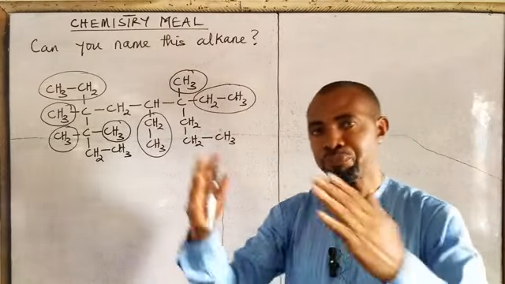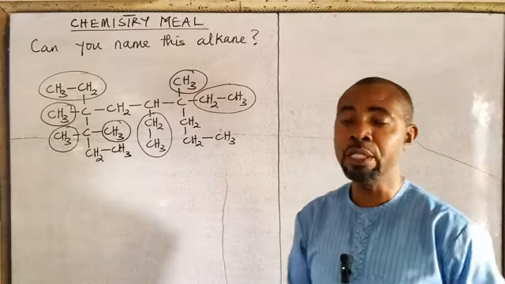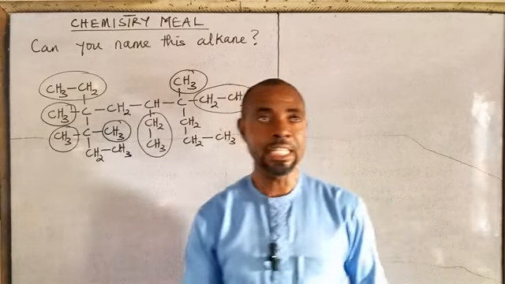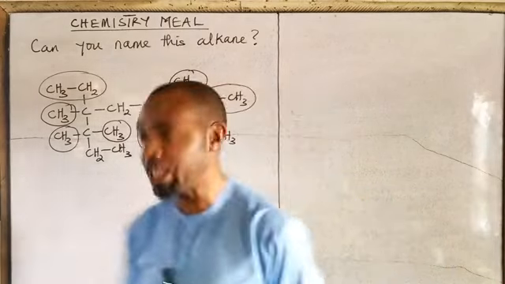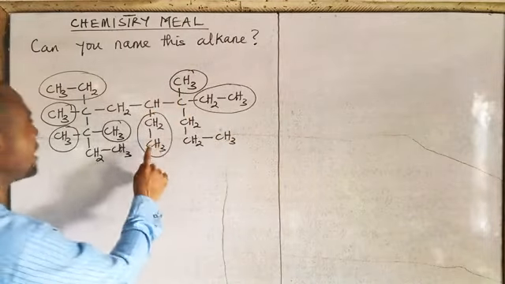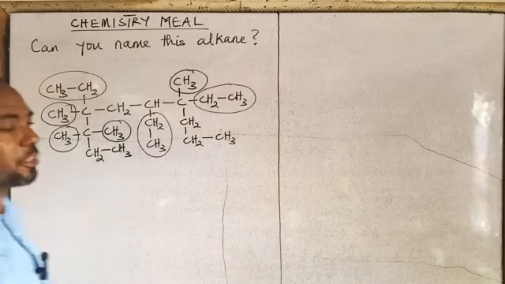Then circle the ones that are not part of the chain. That's what we call the substituent groups, or the attachees. We attach them to the chain. You can see this attached here, this attached to the chain, this attached to the chain.